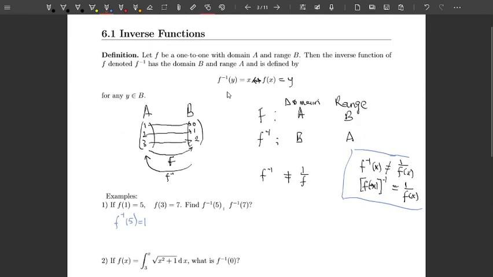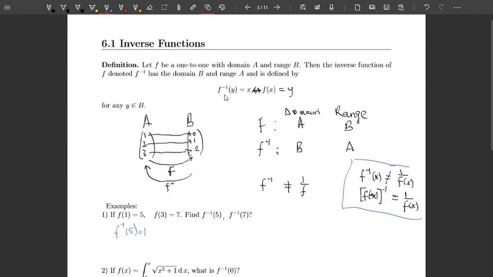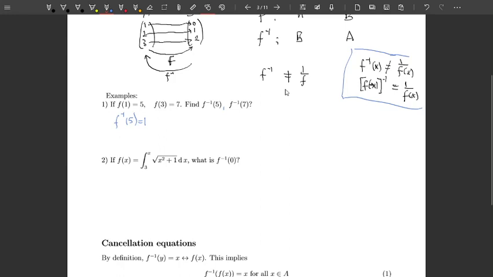Remember how we defined f inverse above: f inverse of y is equal to x if and only if f of x is y. So f inverse of 5 is equal to 1 since f of 1 is equal to 5. Similarly, f inverse of 7 is going to be 3 since f of 3 is equal to 7.